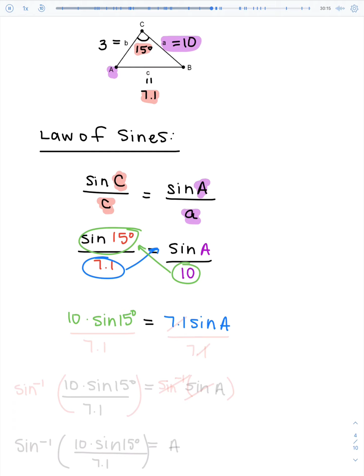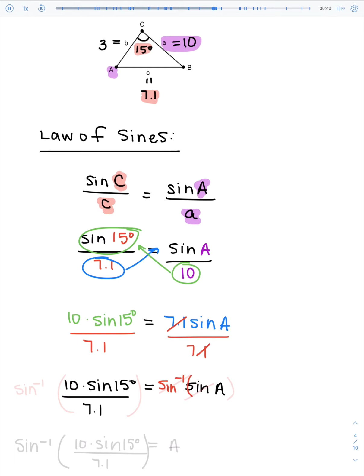And then dividing both sides by 7.1 to get the sine by itself. And that will give us that now we have sine of A equals our 10 times our sine of 15 degrees all over 7.1. Last step, get rid of the sine by using inverse sine on both sides.